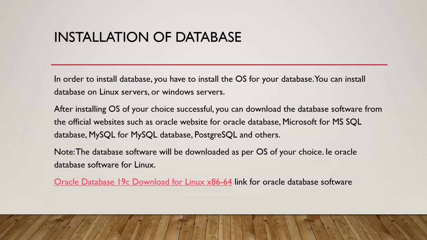On a Linux server, you can put a Linux OS, be it Red Hat, Oracle Linux, CentOS, or any other type of Linux. On Windows Server, you can choose which version you want, Windows Server 2012, Windows Server 2019, and so on. After installing the OS of your choice, you can download the database software from the official website.